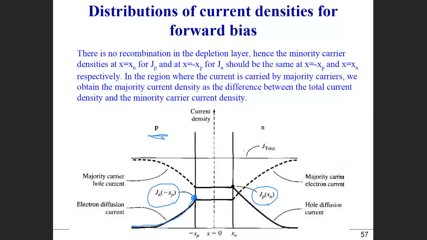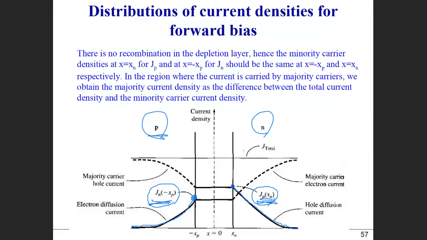So from our approach, we obtained these two currents. This represents the minority carrier current: in the N side, hole current, and in the P side, electron current. Now, in here we applied our assumption.